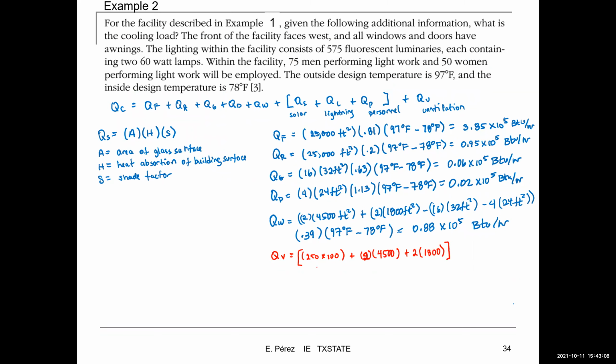So this is the area of the roof. This is the area of two of the walls. And this is the area of two of the walls.